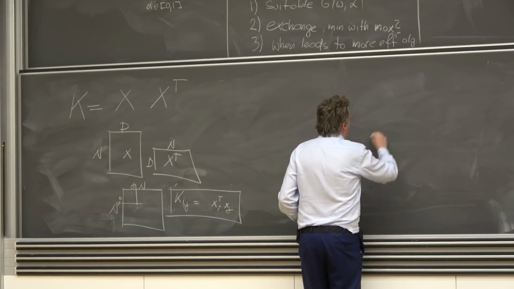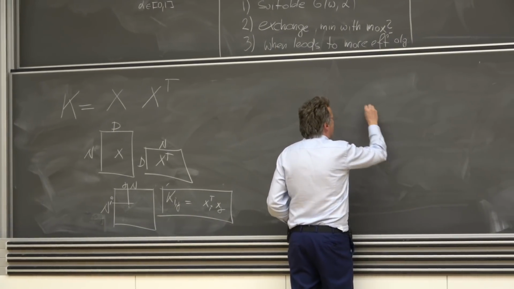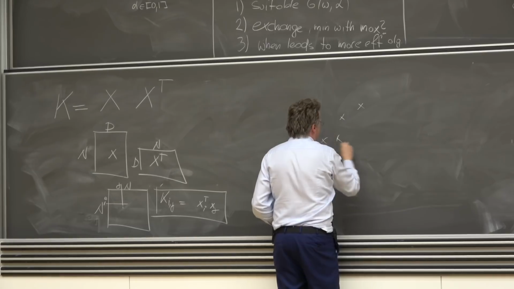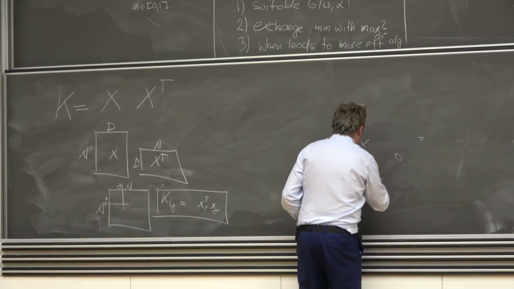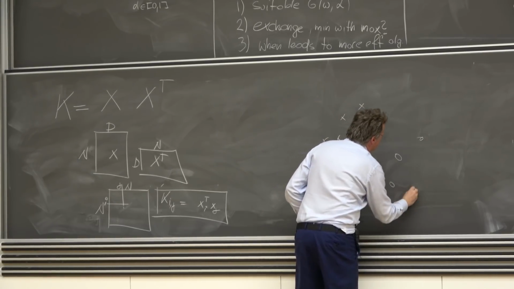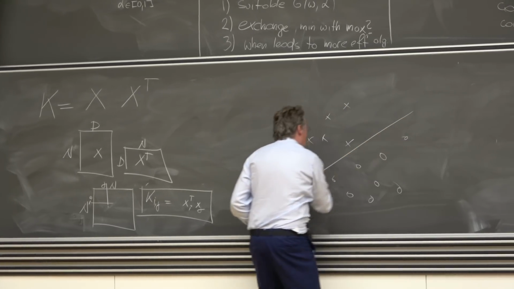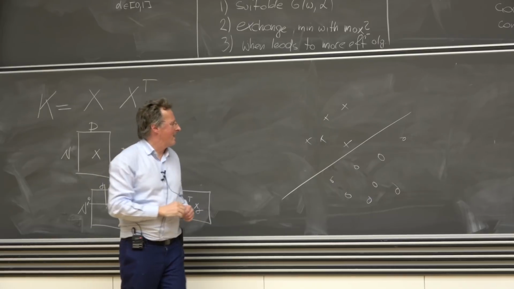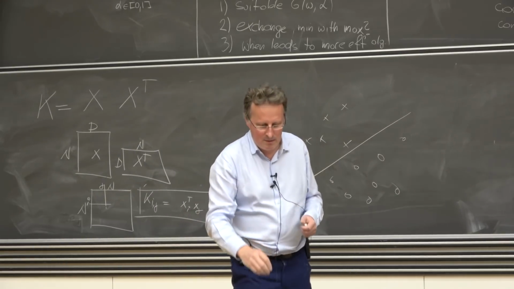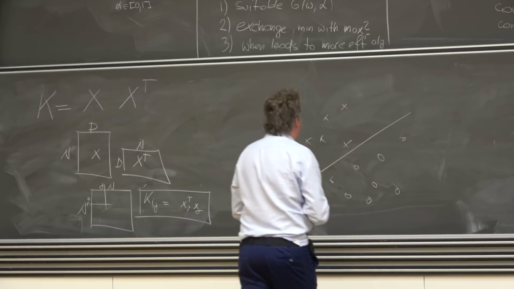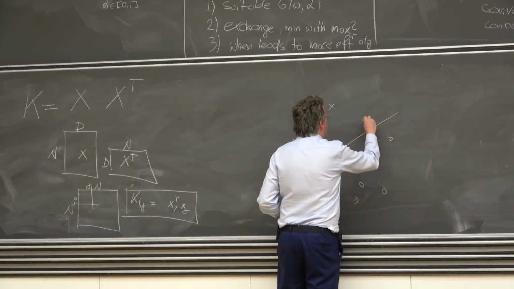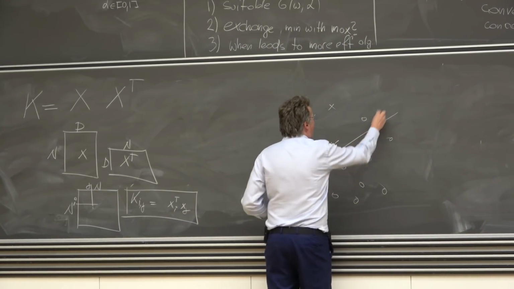We had this thing here, and then we had a margin. So maybe let us not pick something that is separable. And then we had some kind of a margin.